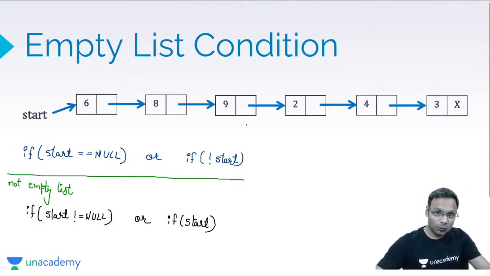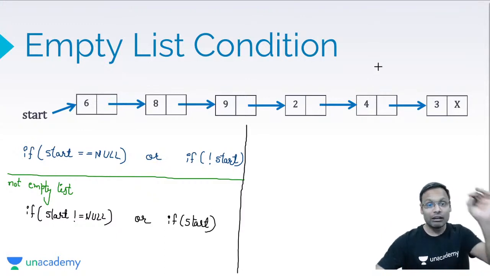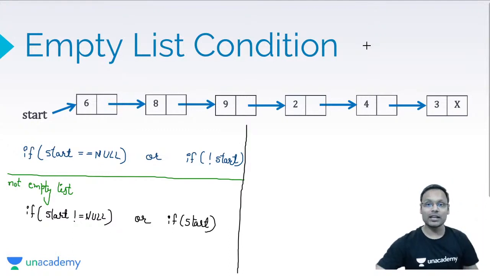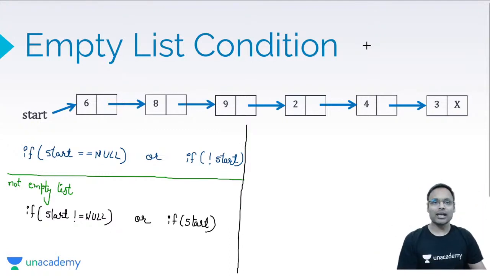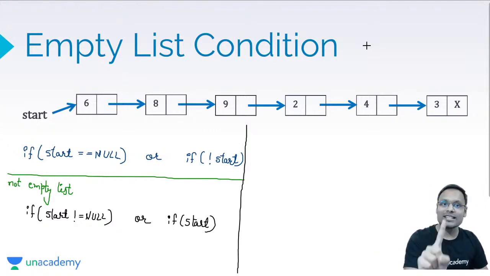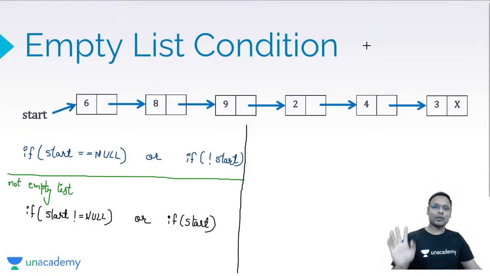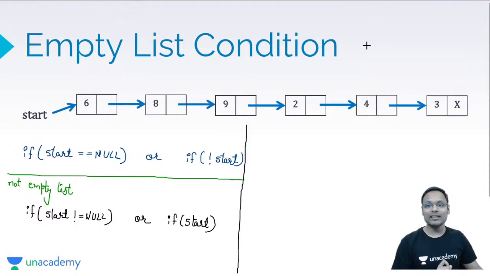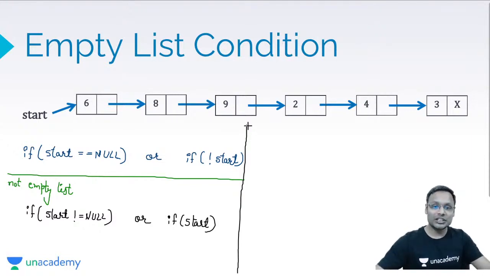Now I'll ask you one question, and I will wait for your answer. How can you check that you have only a single element in the list? What will be the condition for that?